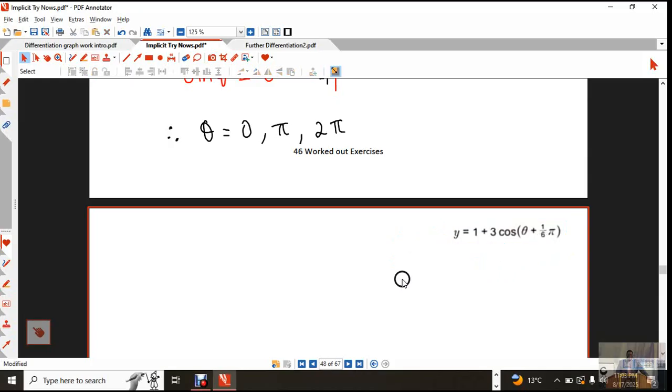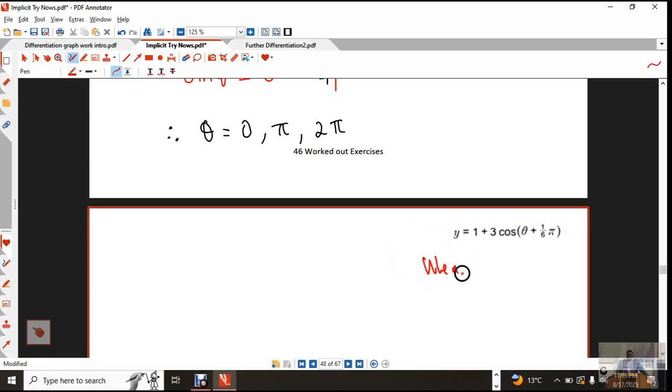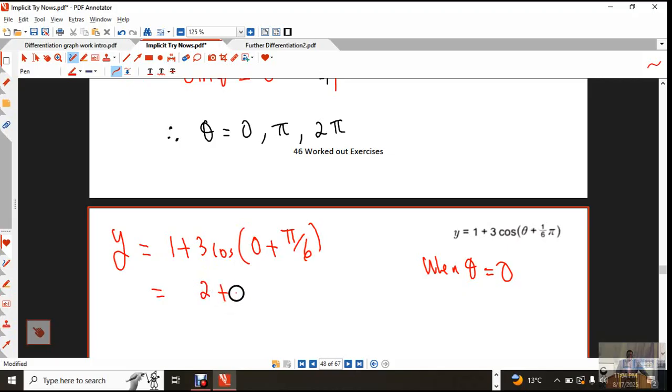All right, so when theta is equal to 0, then y will be 1 plus 3 cos of theta, but now theta is what? Theta is 0, and 0 plus pi over 6. Now you can go ahead and use your calculator, and then you will get the answer of 3 times root 3 over 2.